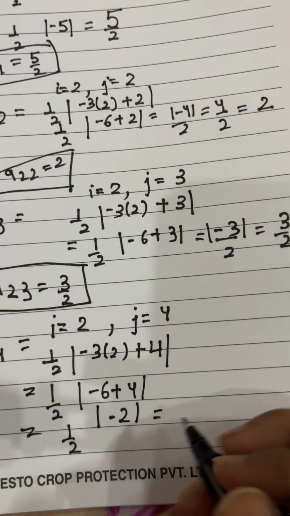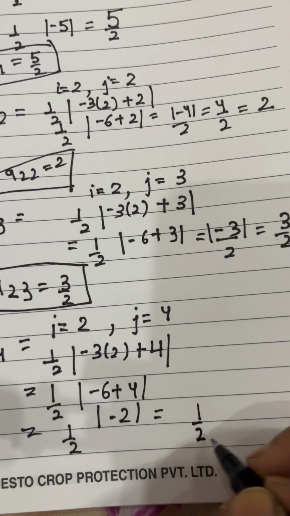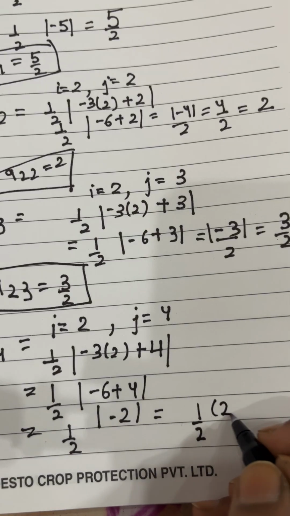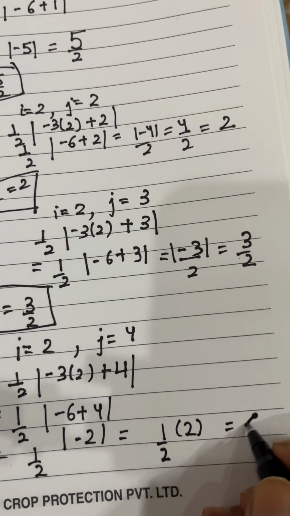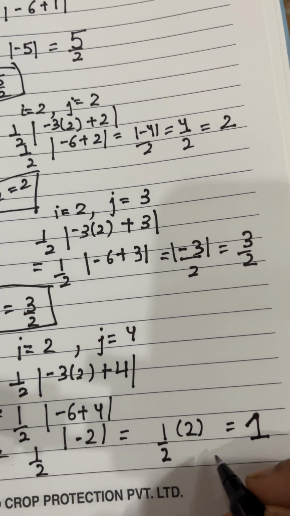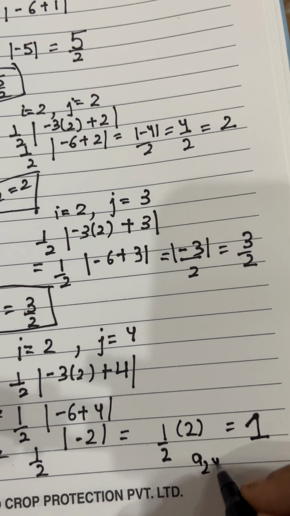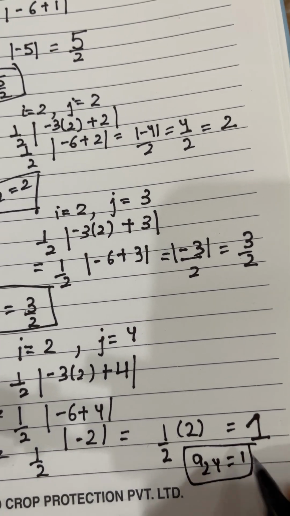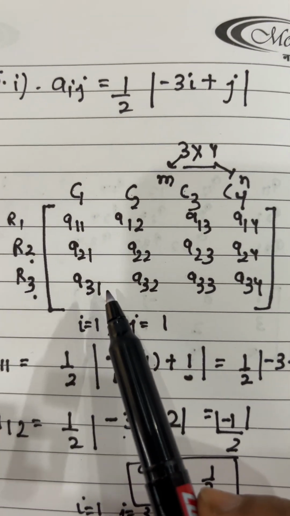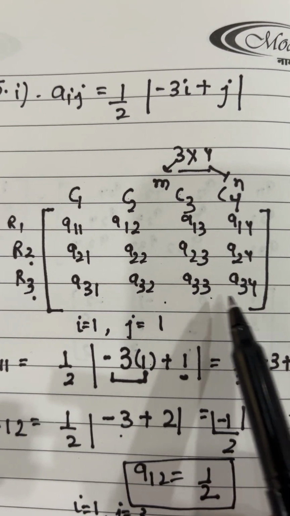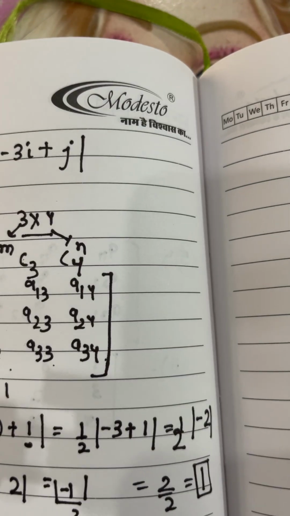This is 1 by 2 minus 2, when it comes from the modulus, it is again positive. This is 2 by 2 is 1. So A24 is 1. Now we will find row 3. The entries are A31, A32, A33 and A34. Let us find.